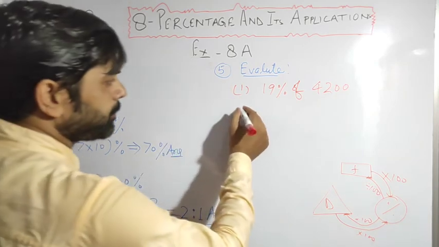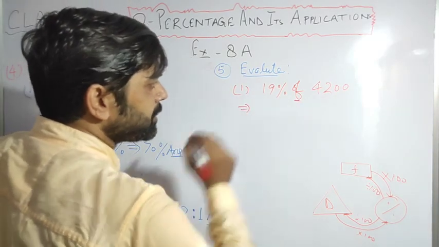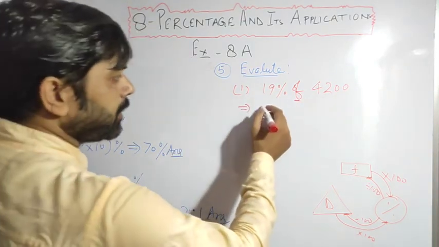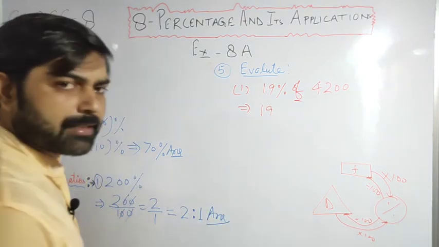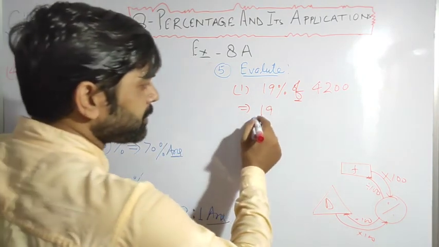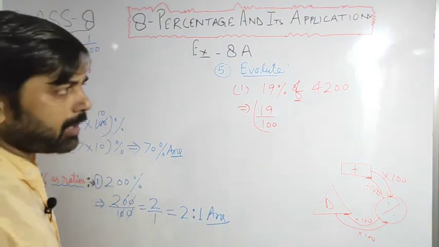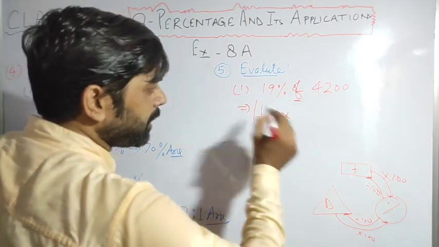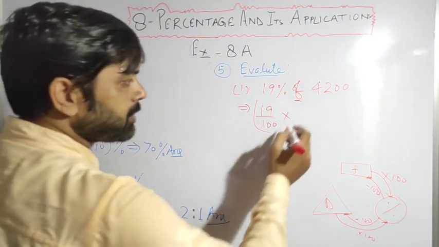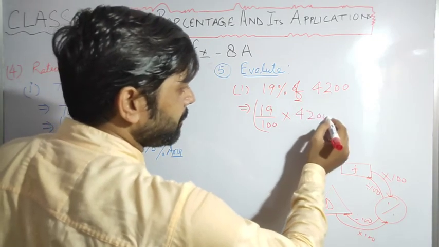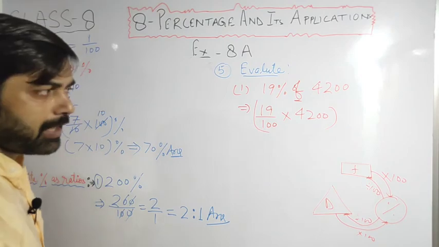Look here. 'Of' means multiplication, and 19% means 19/100. Firstly we convert it into fraction form: write 19/100. Then 'of' means multiply using the multiplication sign. Then write this number, 4,200.